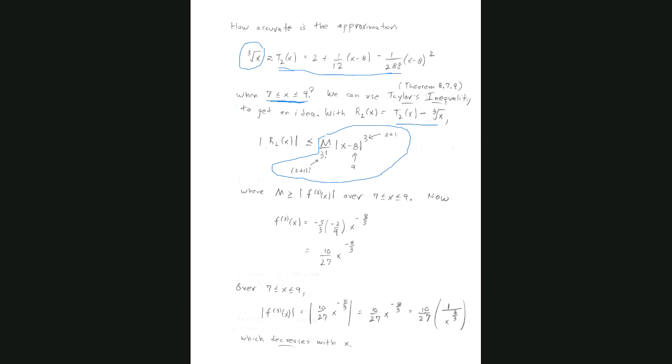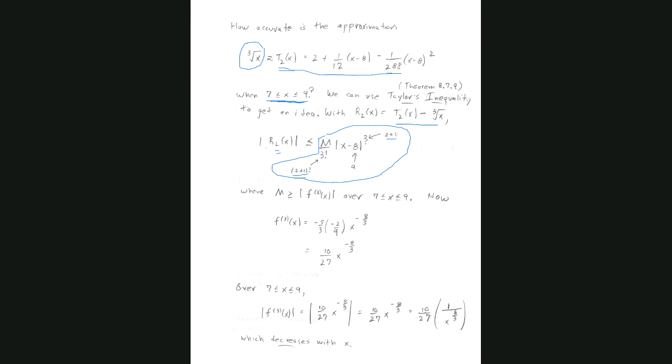So n plus 1 factorial is 2 plus 1 factorial because n is 2. Okay, and then the n plus first power here is going to be 3. And a equals 8.